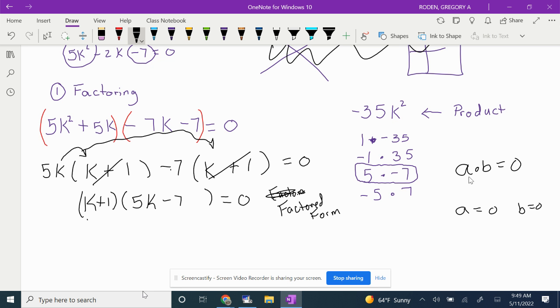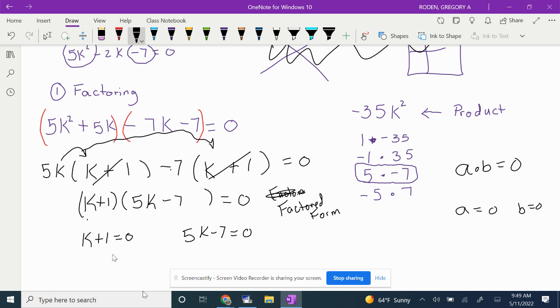So this is a factored thing. You have to have something times something. That's why we factor, so we can use this very easy product, the zero product property rule. So we'll just set these factors equal to 0. So we have k plus 1 equals 0, and we have 5k minus 7 equals 0.